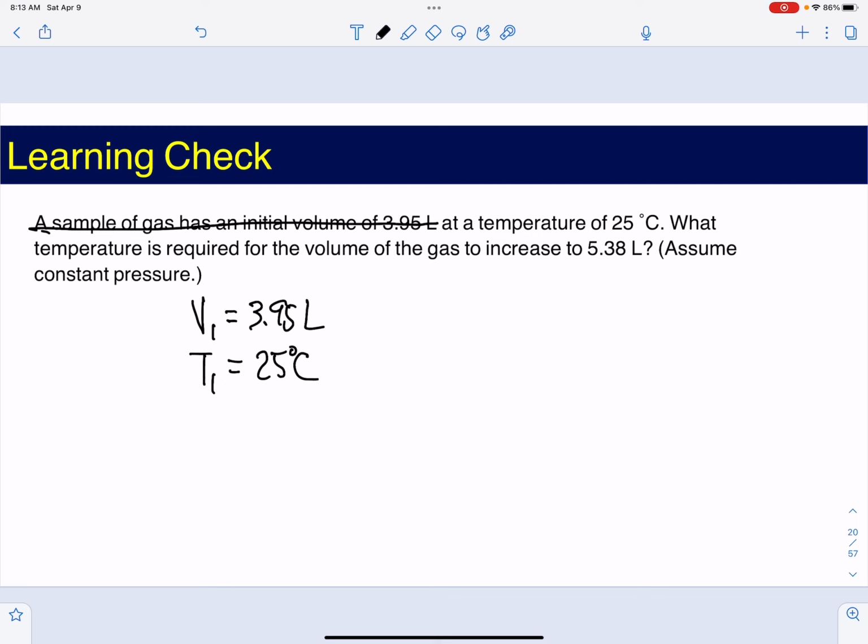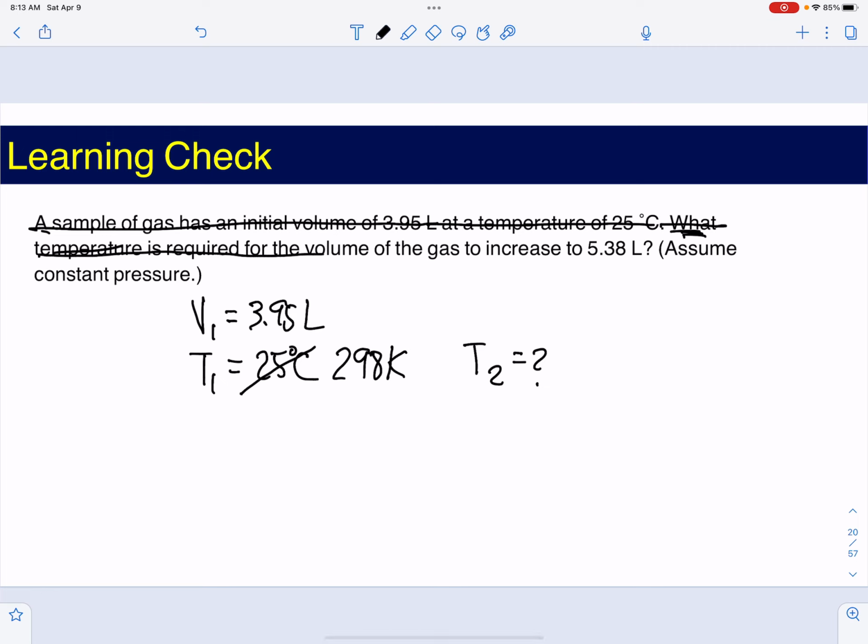Immediately you say, oh, I'm dealing with gas laws, so this has to be Kelvin. So this is going to be 298 Kelvin, 25 plus 273. And it's asking for temperature, so T2 is what I'm looking for.